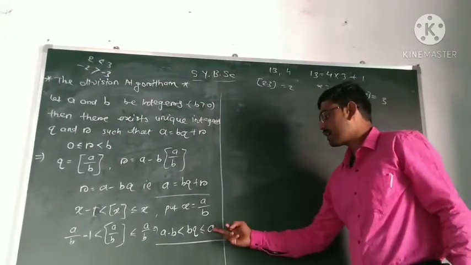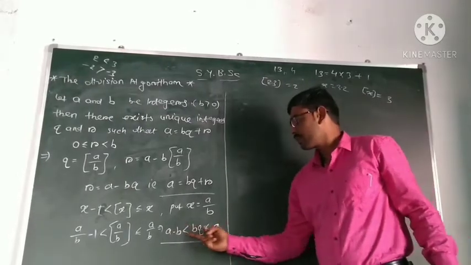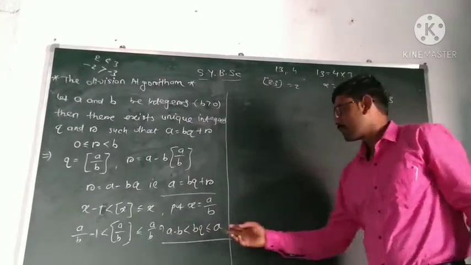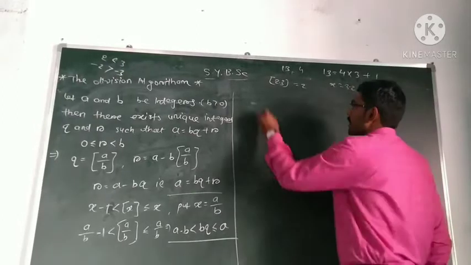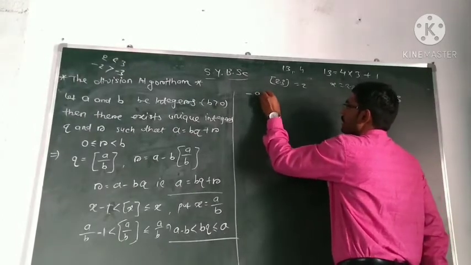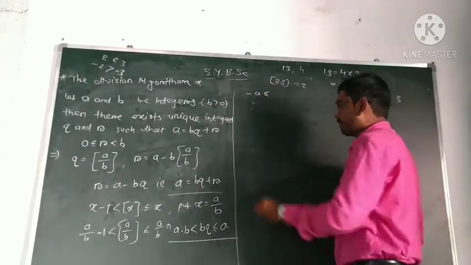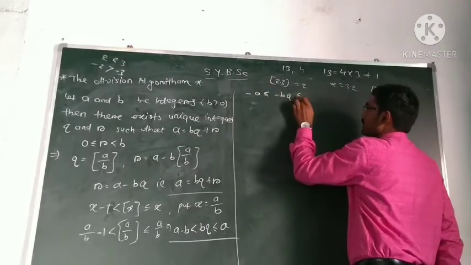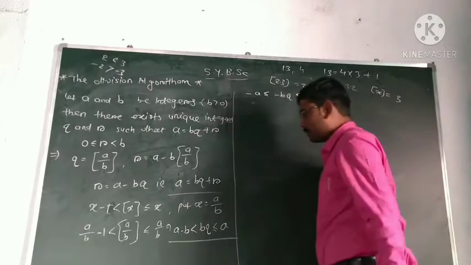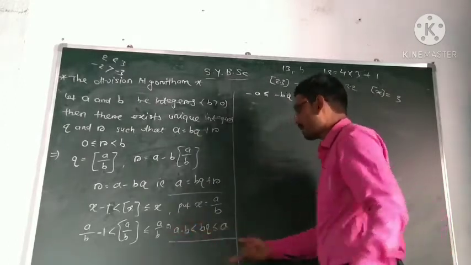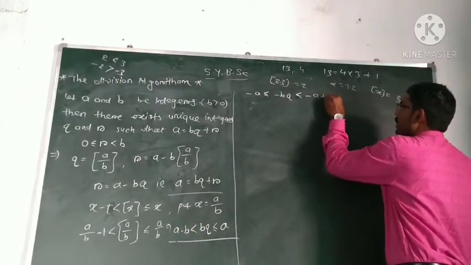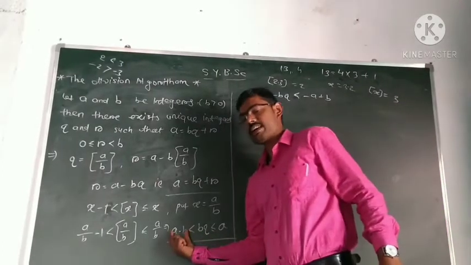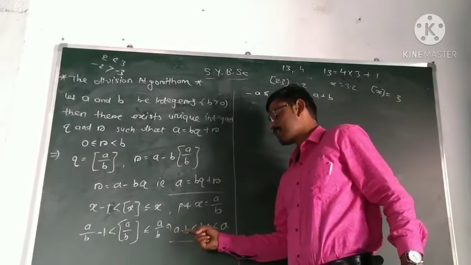Here a was greater than or equal to every value, but if you multiply by minus, this becomes smallest. So we get minus a is less than or equal to minus bq, which is strictly less than minus of (a minus b), that is minus a plus b.